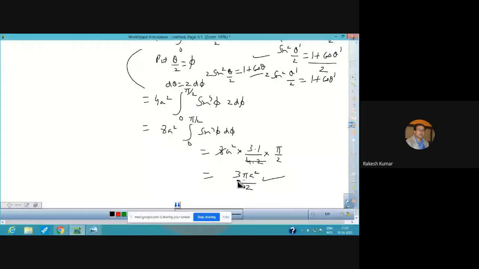So we have been able to find out the area now. Area of the cardioid, and the equation of the cardioid is standard and always in polar form.